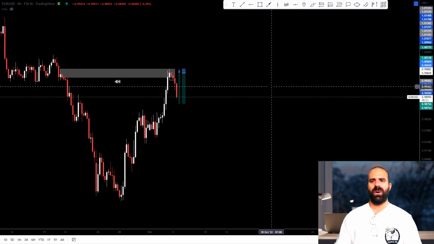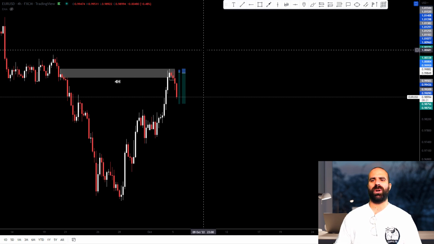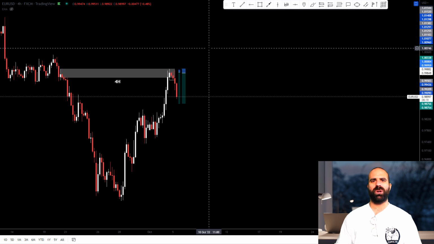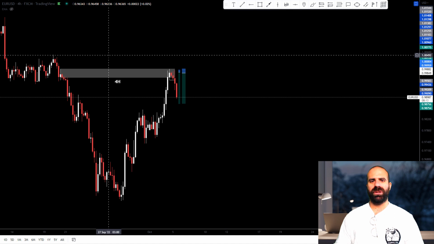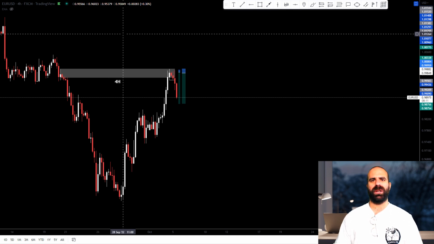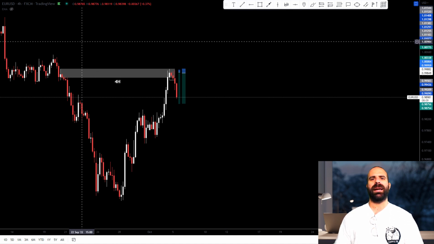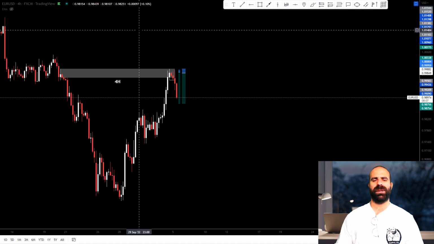So this was the way on how to get high risk to reward, how to use order blocks in order to get high risk to reward by breaking down a bigger order block into different order blocks, or a bigger area into different potential areas. When the stop loss of the one order is getting hit, the second order is getting activated. Wise and simple as it is.